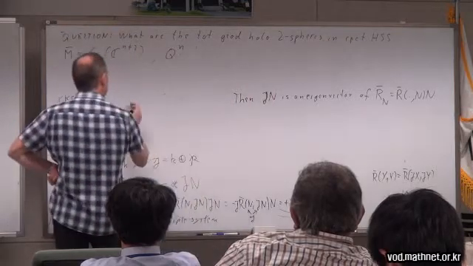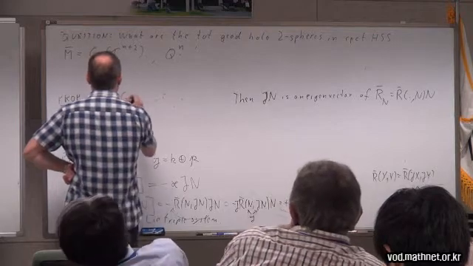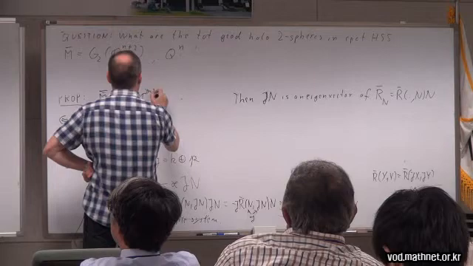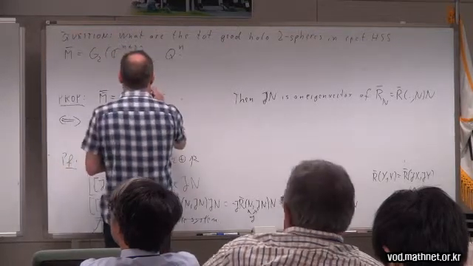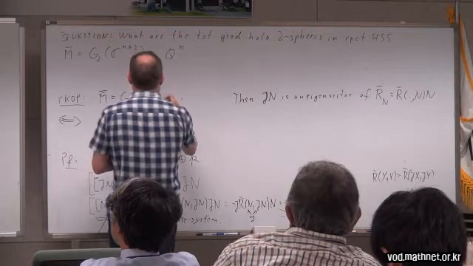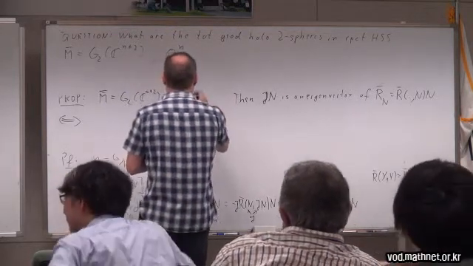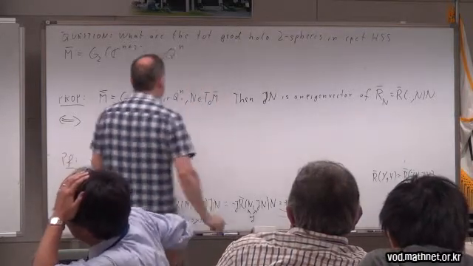So, proposition: we have M bar is one of these spaces, or the quadric, and n is a tangent vector.